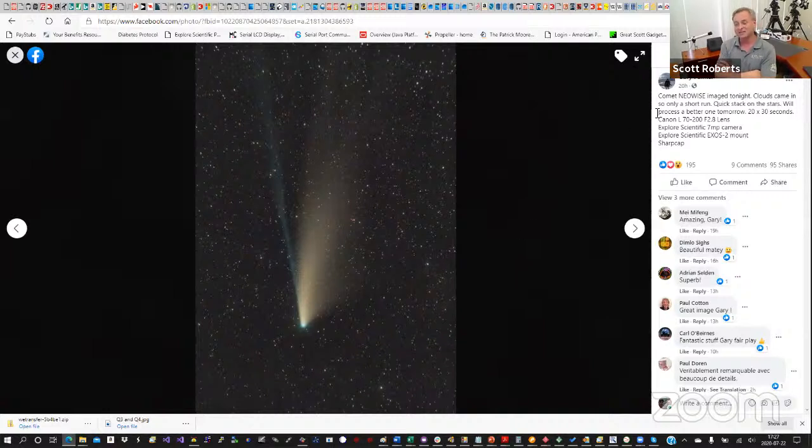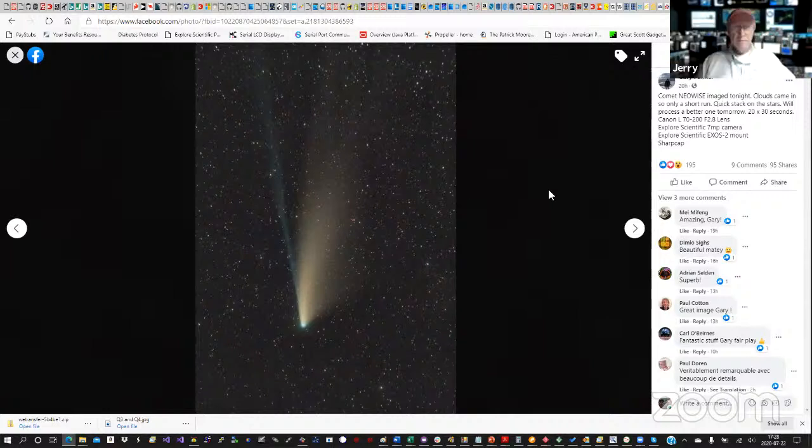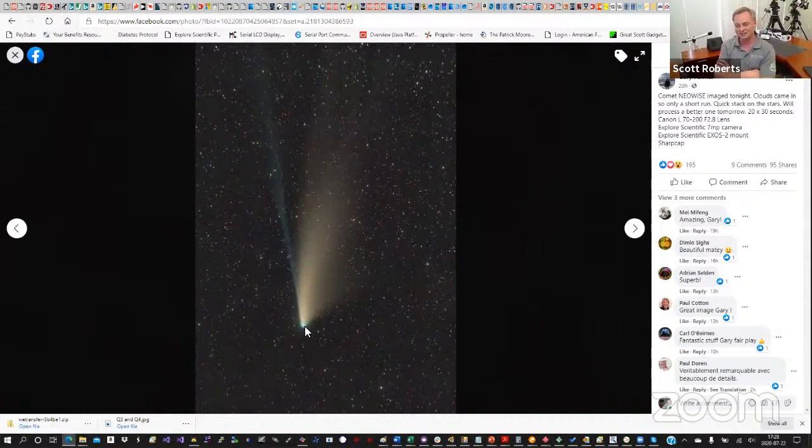But I think it's spectacular just the way it is. You see the ion tail structure going way out there, and then the dust tail. It's a kind of yellow gold color. And then this blue green comet head, which is just spectacular. It's one of the best Neowise shots I've seen so far.